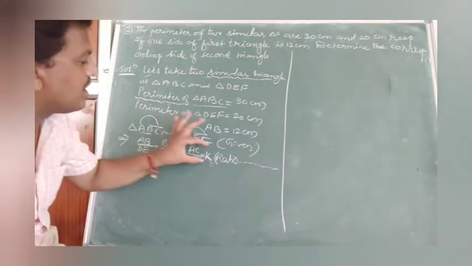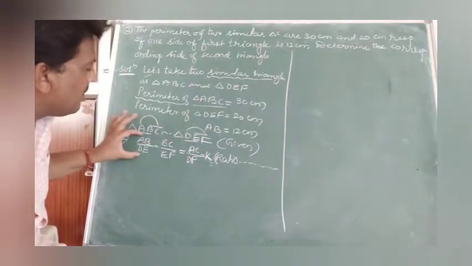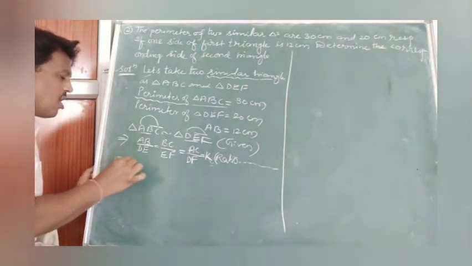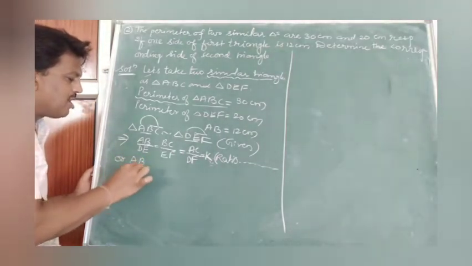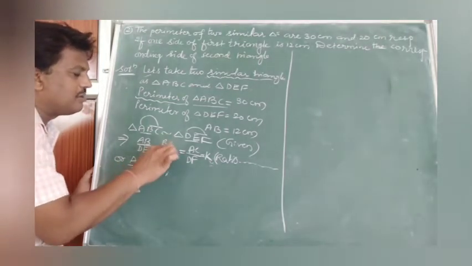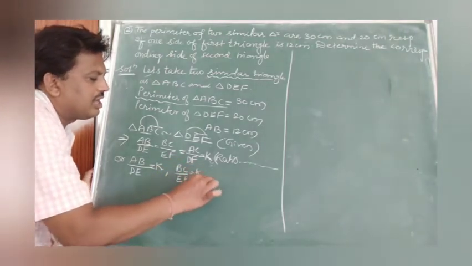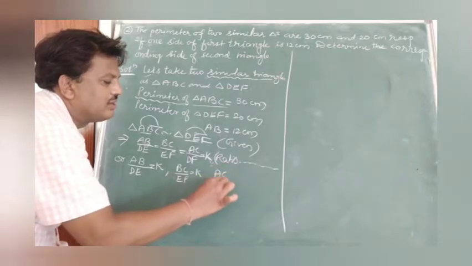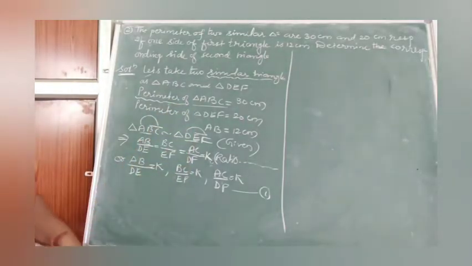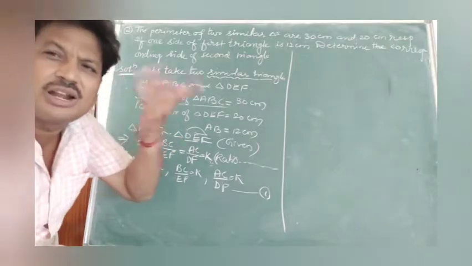I am going to take them separately, children. So it can be written as AB upon DE is equal to K, as well BC upon EF is equal to K, as well AC upon DF is equal to K. So it's number 1. Okay children. Actually these are three different equations, but I have taken them as number 1 just for understanding purposes.